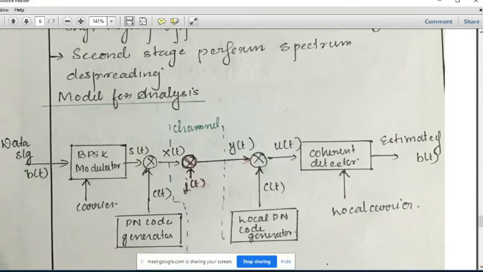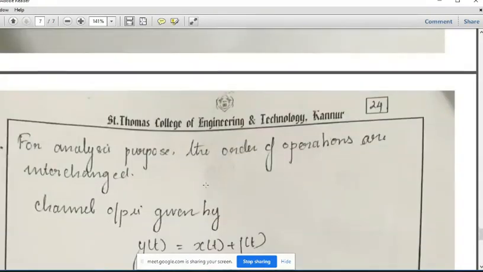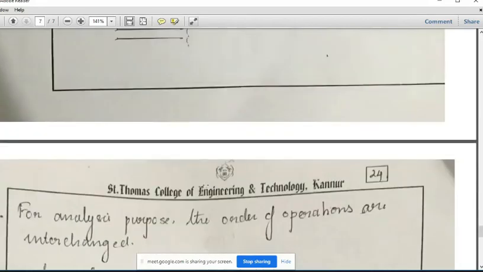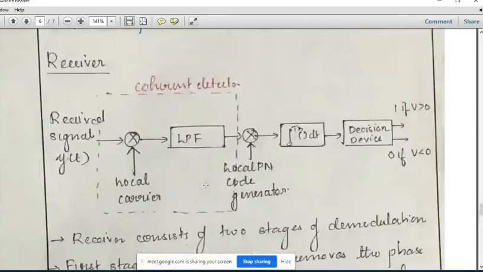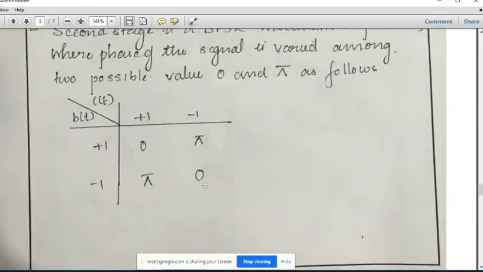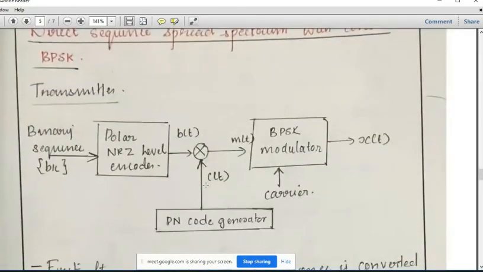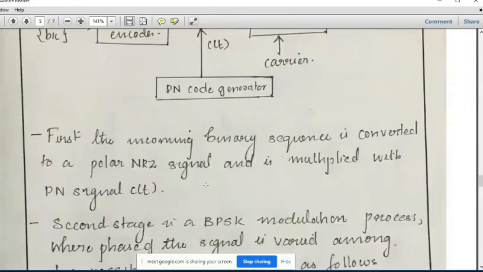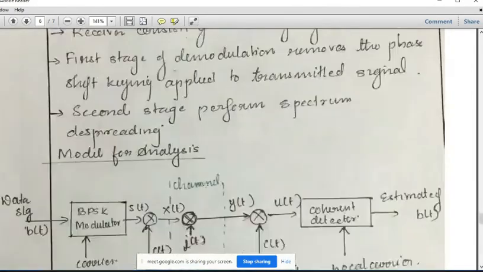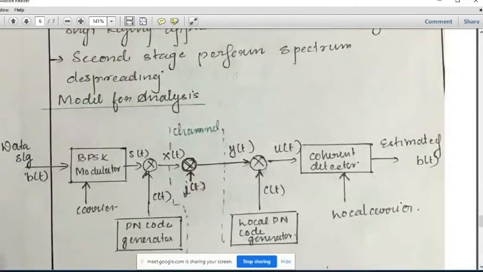For analysis purposes, the order of these operations is interchanged. First we discussed that spreading happens, then BPSK modulation happens. But for analysis, we change the order: first we take into account the BPSK modulation, and then we spread the signal.